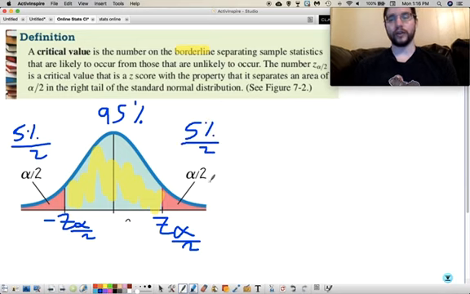That's why we divide the alpha value by 2. This is actually known as two tails. Whenever we get to hypothesis testing, we'll talk a lot about left tail, right tail, and two tails. But for now, all we're going to be dealing with is a two tail since we're dealing with a confidence interval. So we're always going to be dividing alpha by 2 for these confidence intervals.